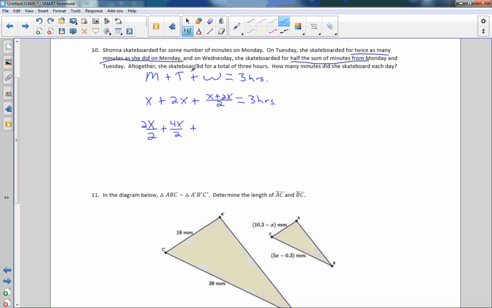X plus 2x is 3x. So we'll do that in the same step. Equals 3 hours. Okay, so that cleaned up nicely in one step. So now I can add all my numerators, and I'm going to get something over 2. So 2x plus 4x is 6x, plus 3x is 9x, equals 3.